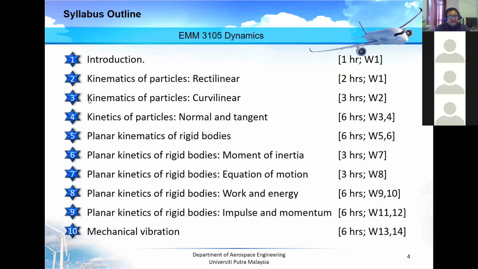And then in the third week, we are looking into the kinematics of particle, curvilinear motion, which is, for example, a car traveling to a corner. Seleko in Malay, normally we call it, right? So, curvilinear motion. And then we look into the kinetics of particle, normal and tangent.